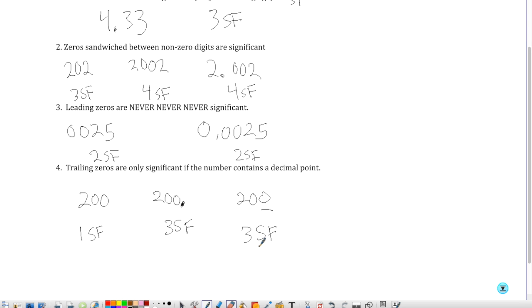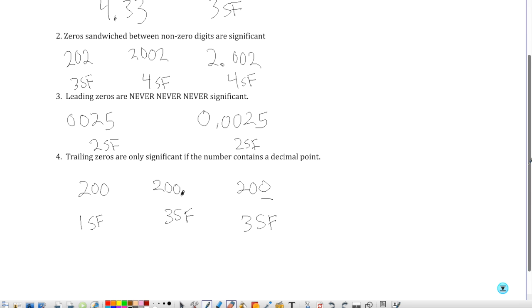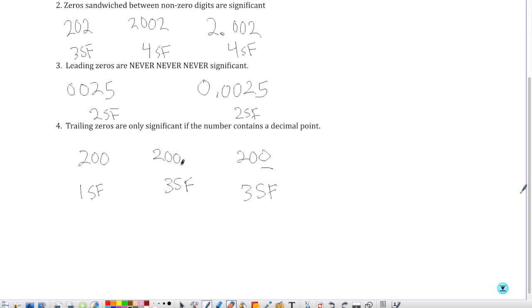So my question to you is, how can I show this value 200 with only 2 significant figures? Okay, I want you to pause the video. I want you to think about it. I want you to write something down and come back.